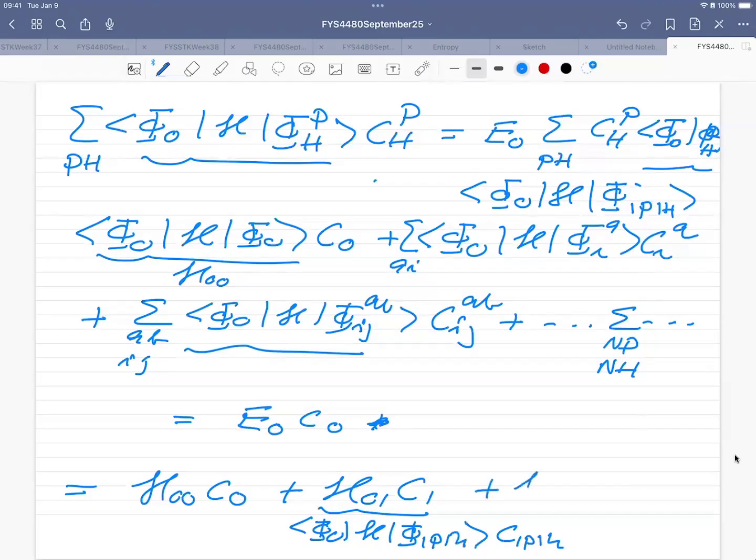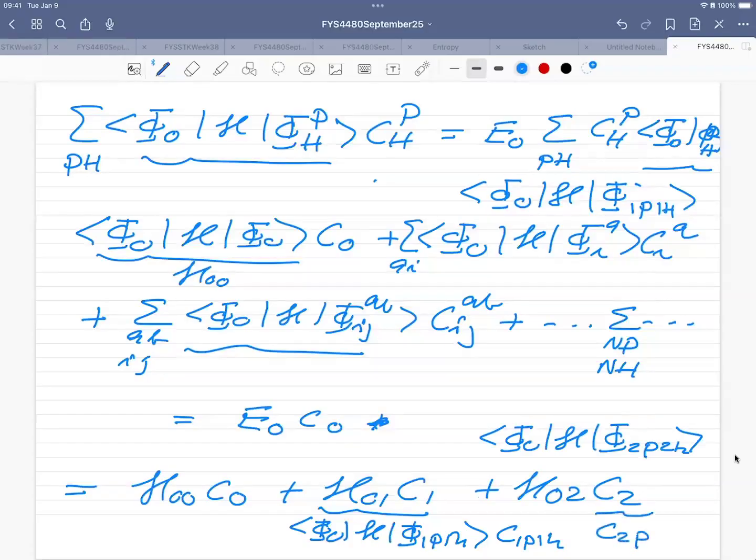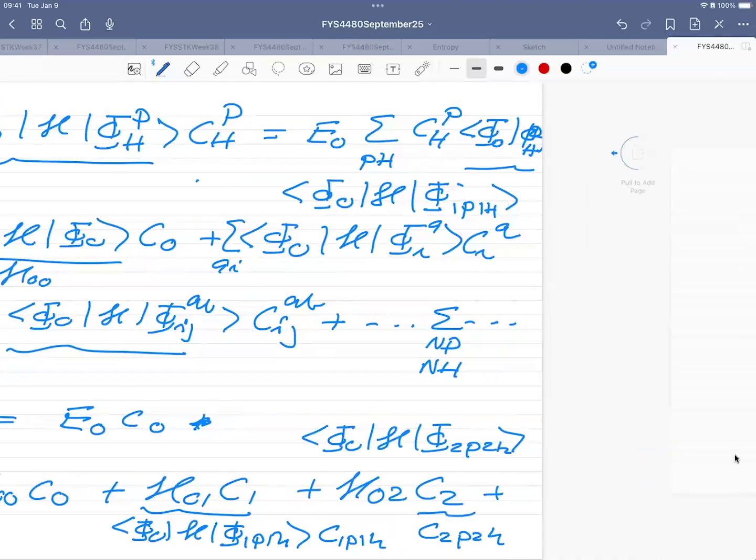And then I'm going to get an H0, 2 with C2 here, where this is going to be all possible contributions with two particle, two hole. And this one is going to be all possible C, two particle, two hole coefficients. Then if we continue like this, when you see number 3, that's going to represent the block with 3 particle, 3 hole guys, etc., etc. So it's just a compact notation.